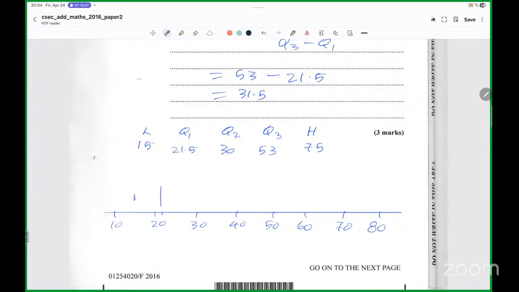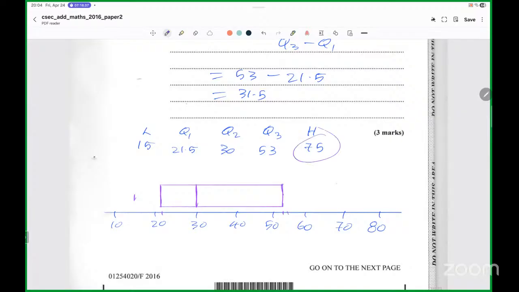Next one is at 30, right here. Next one is at 53, maybe about right here. And you complete the box.